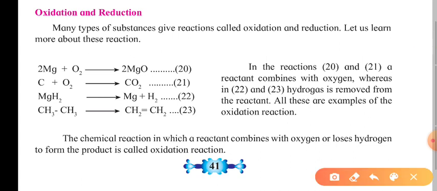You can see the example given here: magnesium reacting with oxygen and forming magnesium oxide. Here magnesium hydride, that is MgH2, is releasing hydrogen gas. So these kinds of reactions are called oxidation. The chemical reaction in which reactants combine with oxygen or lose hydrogen to form the product is called an oxidation reaction.